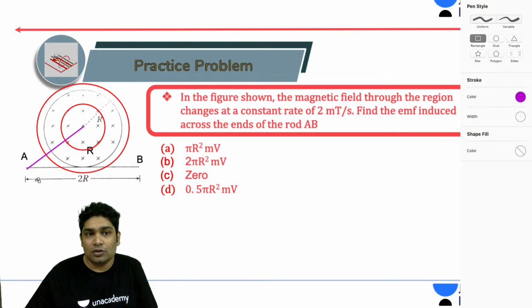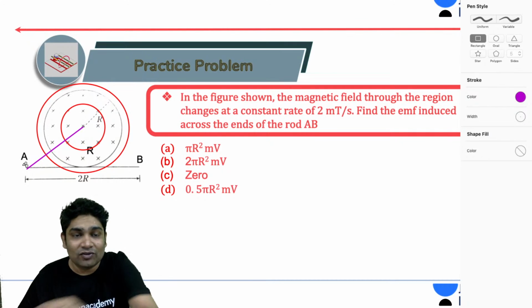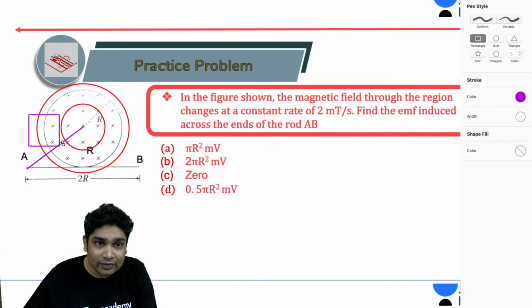Imagine this. If you join this, then what will happen? I hope you realize what I'm trying to do here. We are trying to make ourselves a triangle.